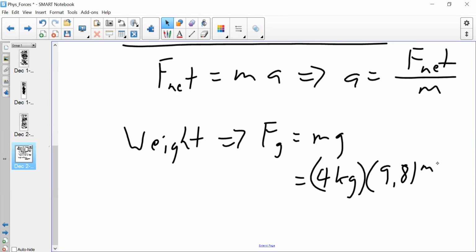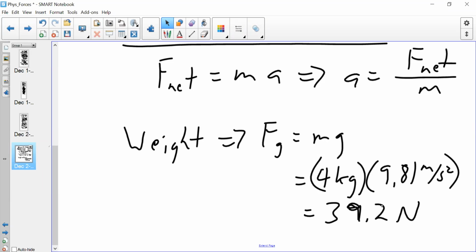Right. And that's your weight. That's the scale. The scale is going to read roughly, whatever that is, 36, 37. Okay, 39.2 newtons upward.